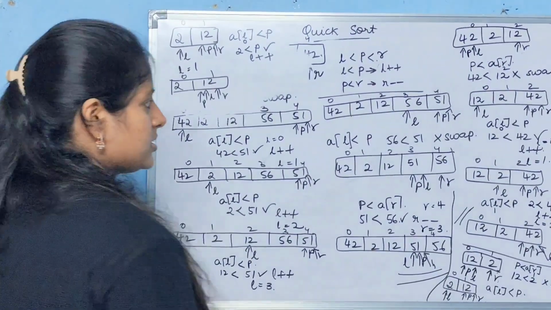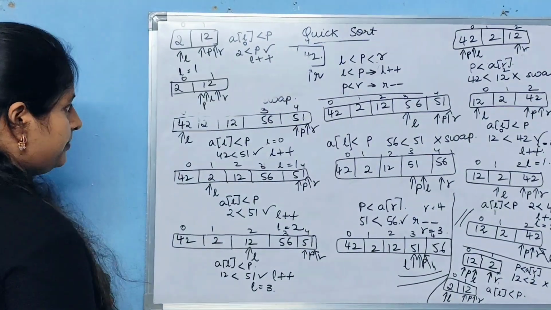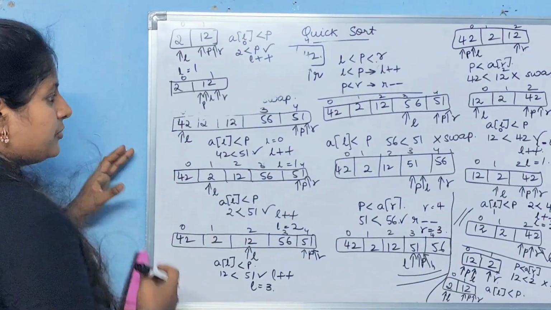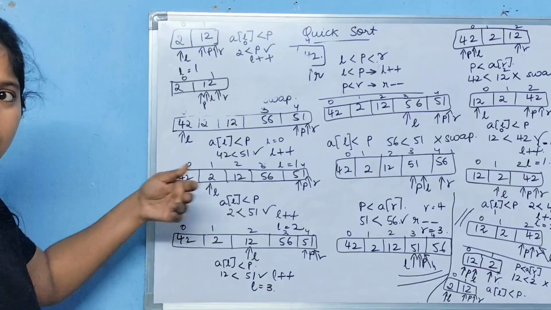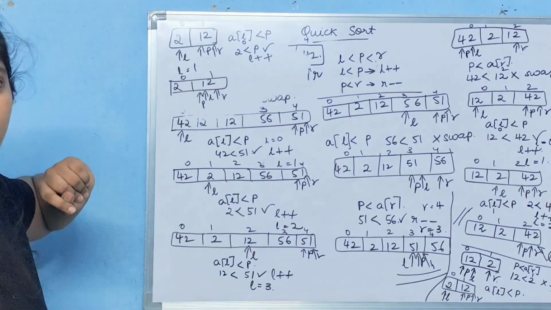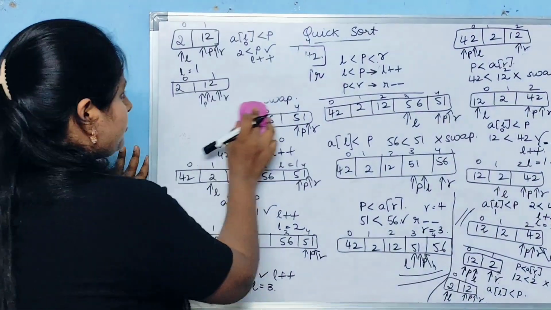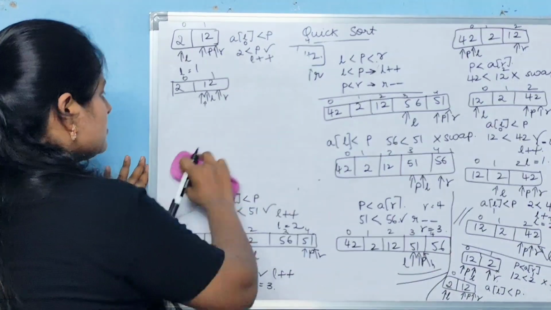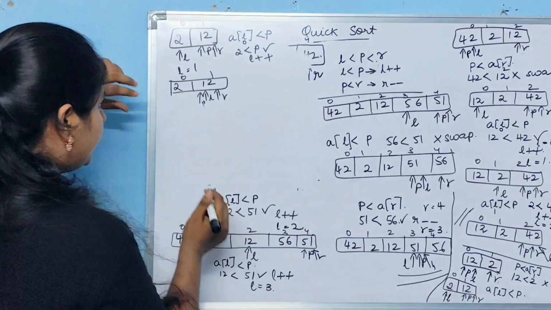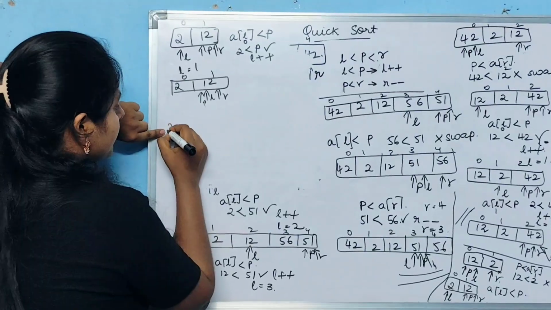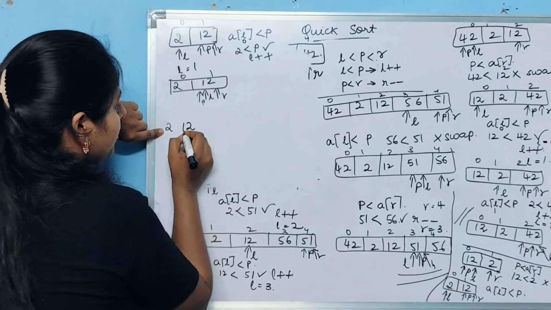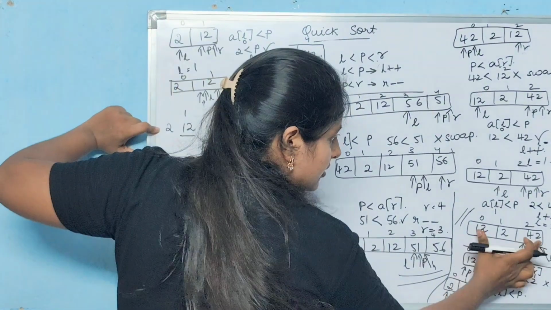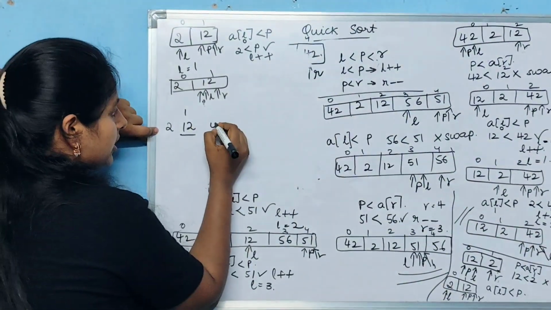Okay. So now combine the complete array. I hope you all have written this. So for space constraint, I've written this over here. Right. Now, what is my left subarray? 2, 12. 12 is placed at its correct position. Right. After this, what is my previously pivot element? 42.